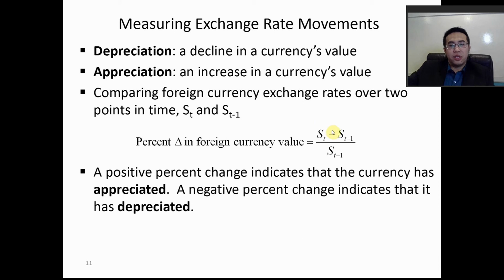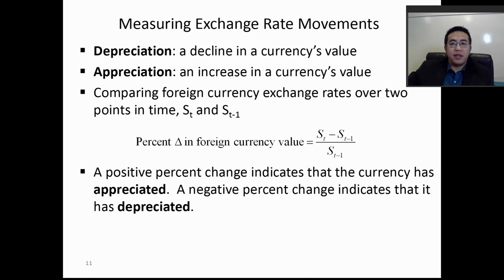This formula is the exchange rate in the later time period minus the exchange rate in the earlier time period, divided by the exchange rate in the earlier time period. And this is the same formula we use to calculate the return of any financial assets. Okay, it's the later price minus the earlier price, the difference divided by the earlier price.